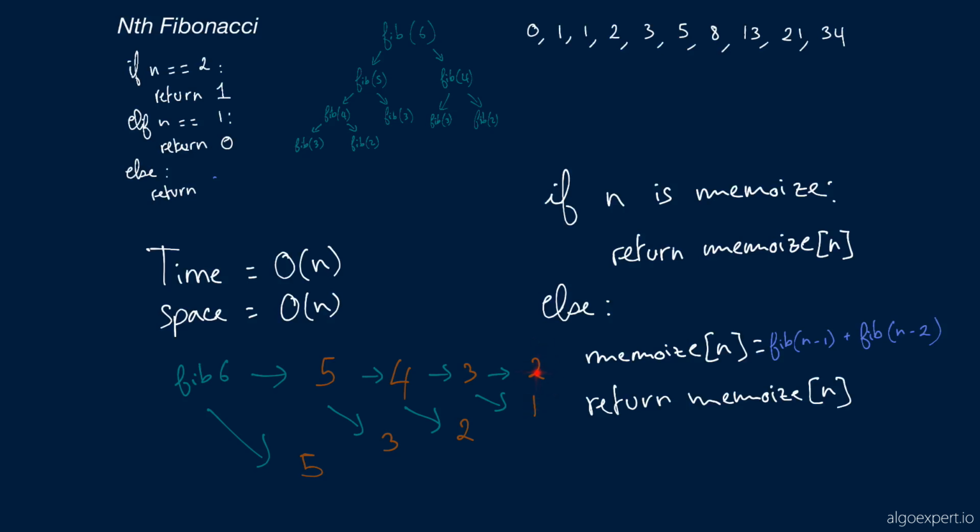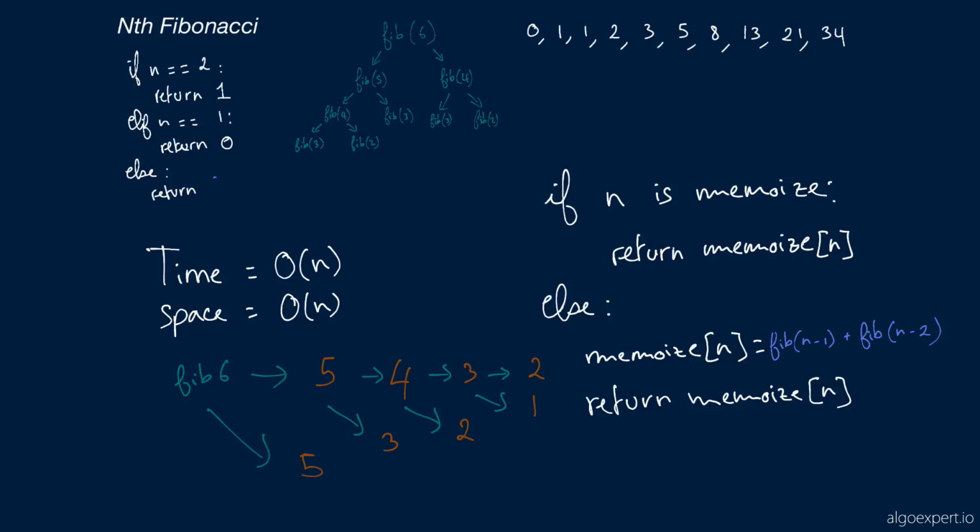Once we get to Fibonacci of 2, which is in our hash table, and Fibonacci of 1, which is in our hash table, we then get the answer for fib of 3, stored in the hash table, which then gives us the answer to fib of 4, which we store in the hash table, and so on and so forth. And then any other computations, we just access from the hash table, and they're constant time.